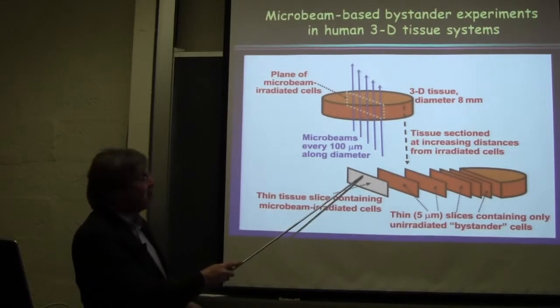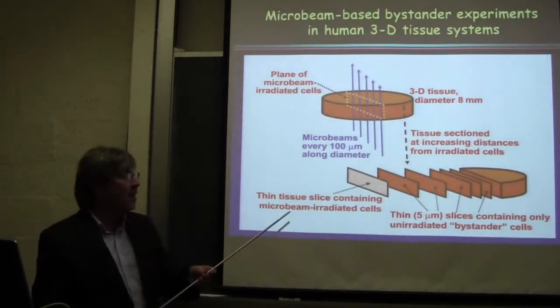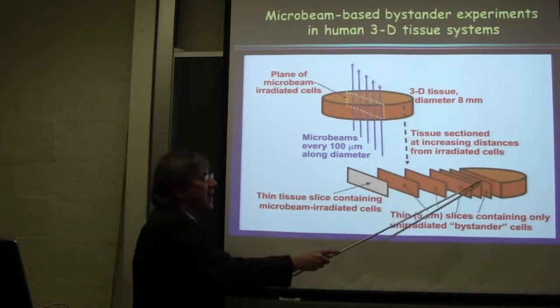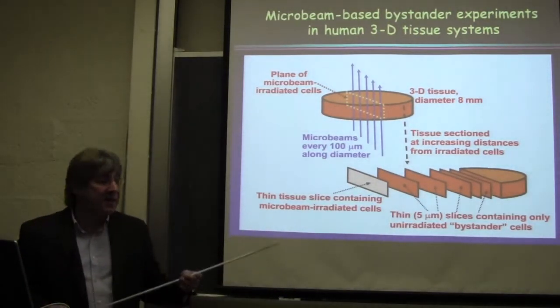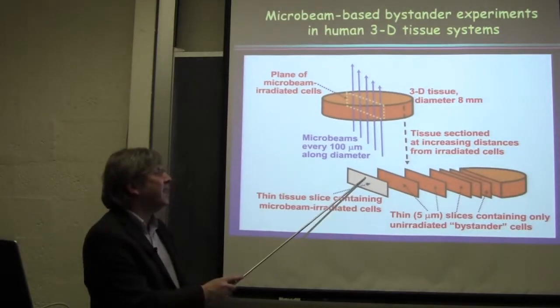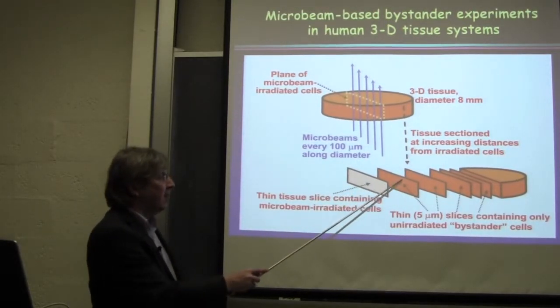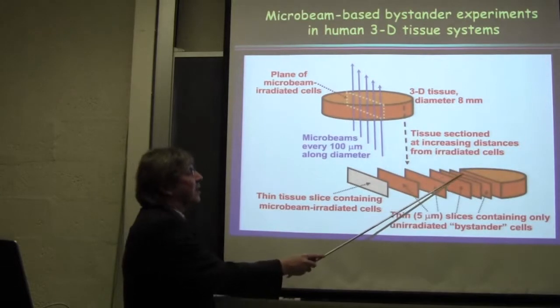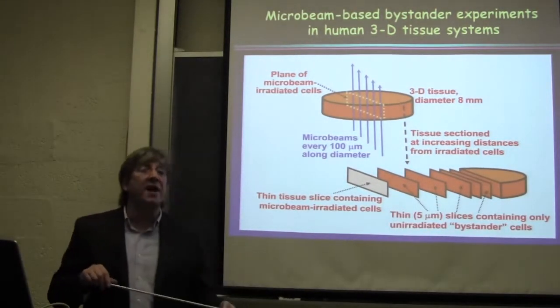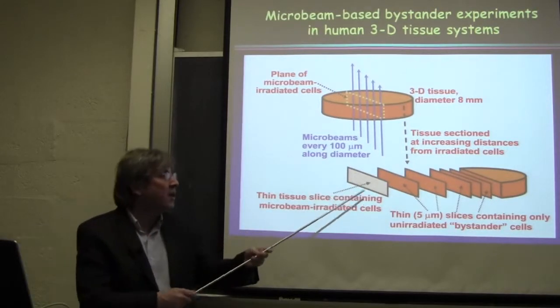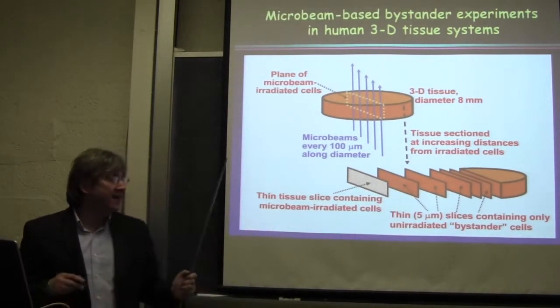So there'll be one section which did get irradiation, and all these subsequent sections will not have been irradiated, but they will be at different distances from the irradiated plane here. So we can separately analyze all these slices of tissue which are further and further away from the irradiated tissue, and themselves are unirradiated.